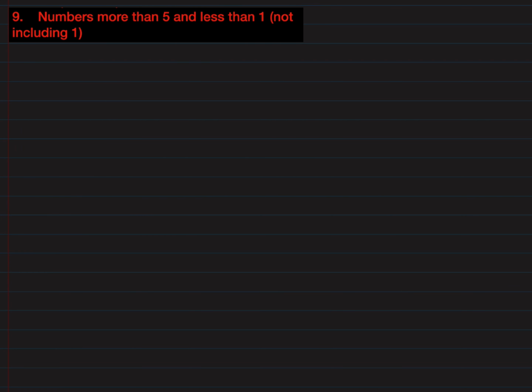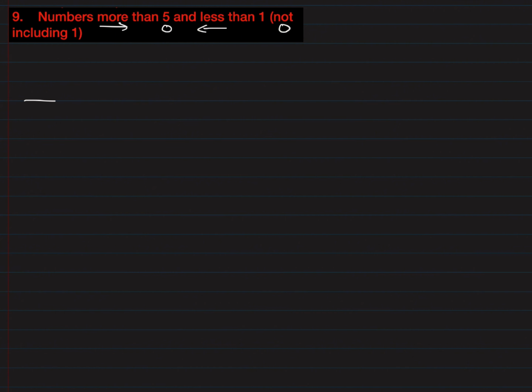Question number 9. We have numbers that are more than 5. It doesn't say if it's included or excluded, so we assume that it's excluded. And less than 1. And it says not including 1, so that's the same as excluding 1. So again, an empty circle.